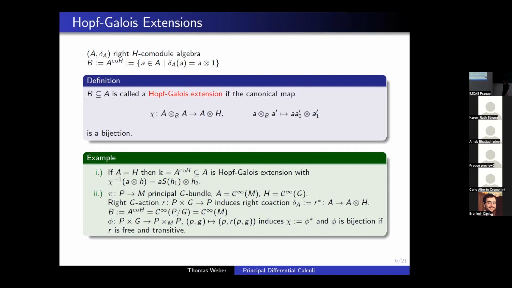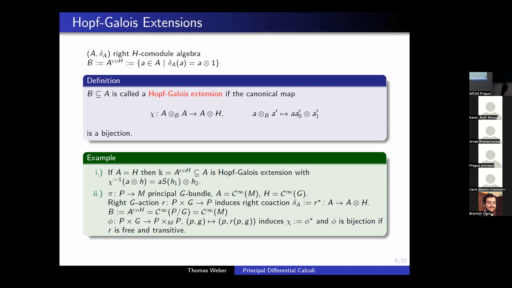And then we are saying that B inside of A is a Hopf-Galois extension if the following map is a bijective map. This map chi, the canonical map, is from A tensor over B A into A tensor H, and is basically just given by the coaction, and then you multiply in A the first two.